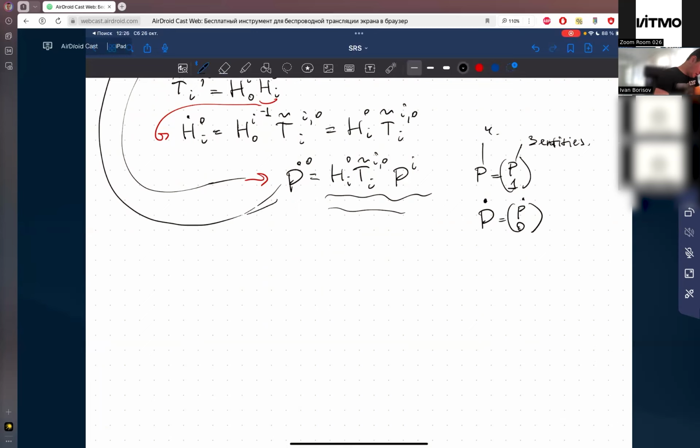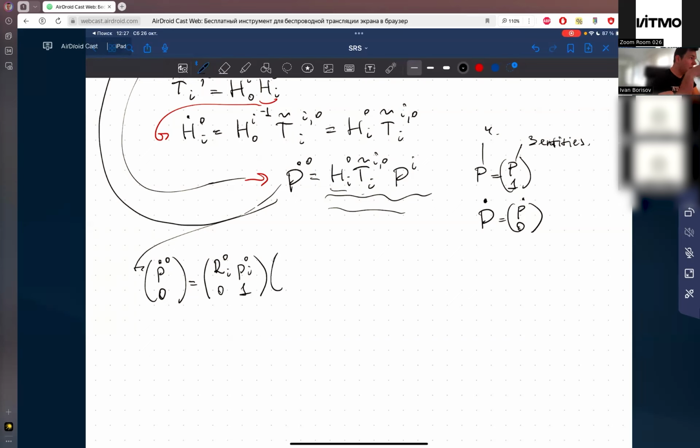So now let us rewrite this stuff, and we will get small p dot 0 equal to, here we have h, and we know that h is a 4 by 4 matrix, and we have the rotation matrix R 0,1 inside. Then the twist.